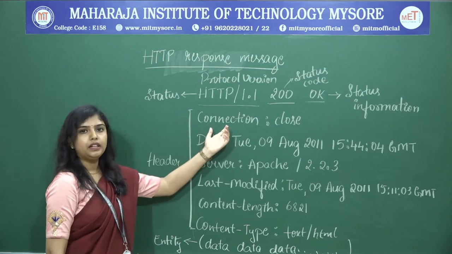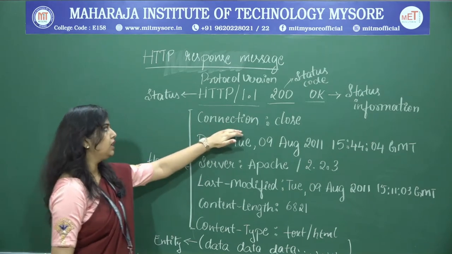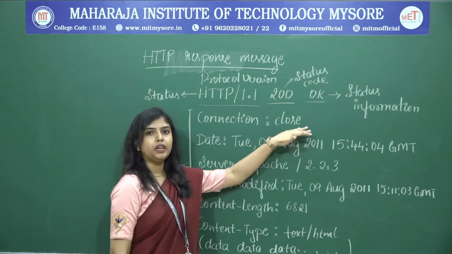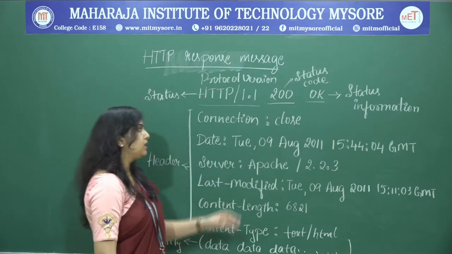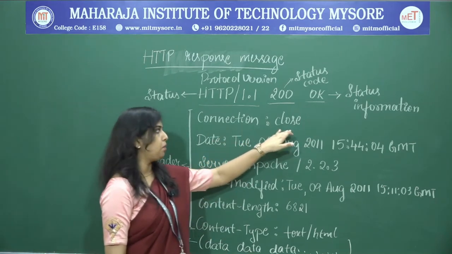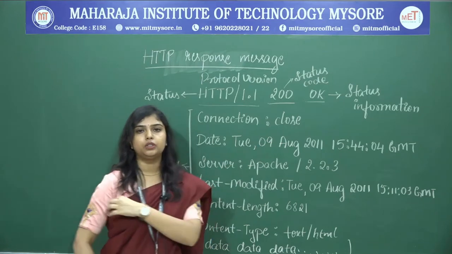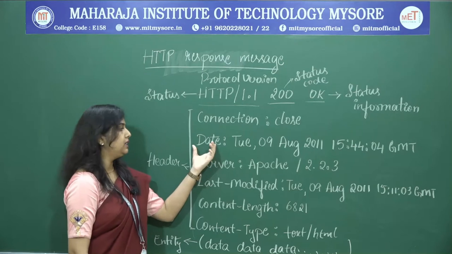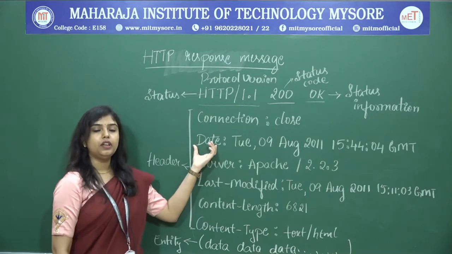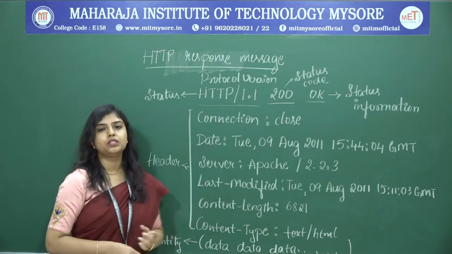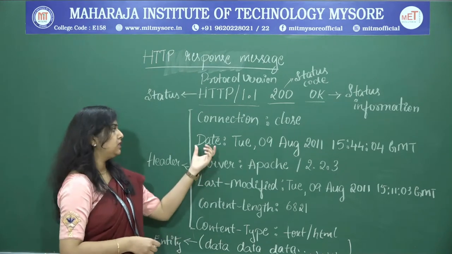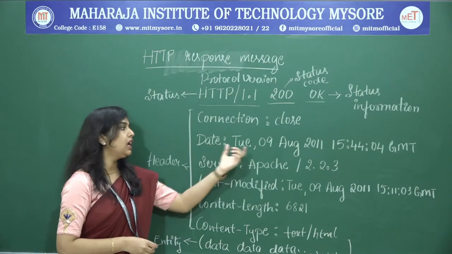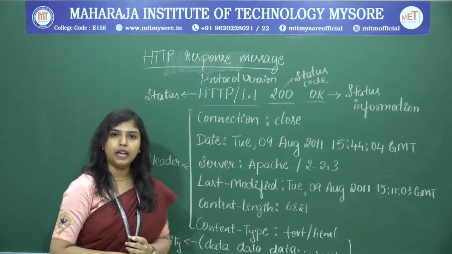First is the header name connection. Here, since I want it to be a non-persistent connection, I am asking the server to close the TCP connection after responding to this request. Next is the date. This is where if I have requested an Amazon website, this date will give when the Amazon website was created.